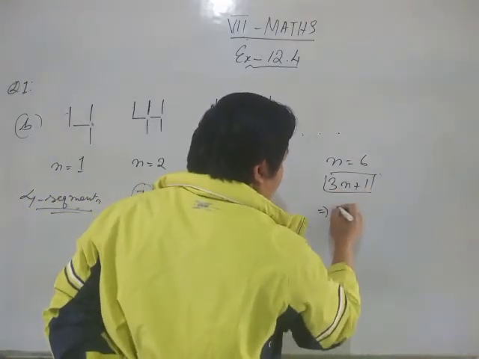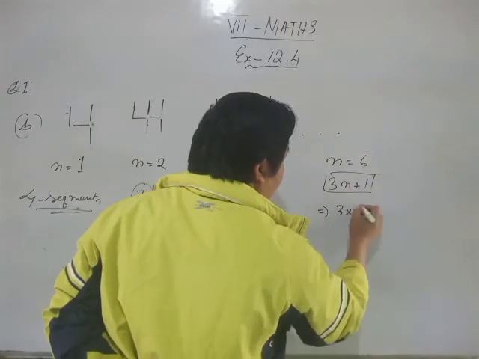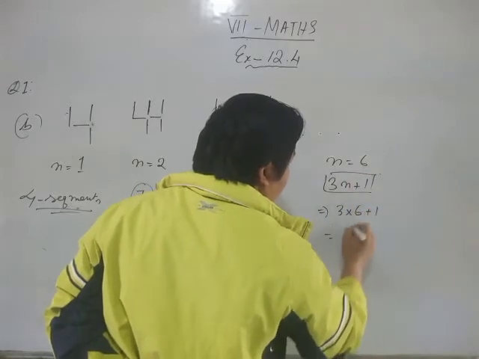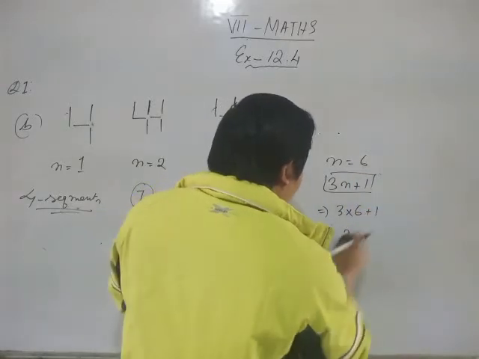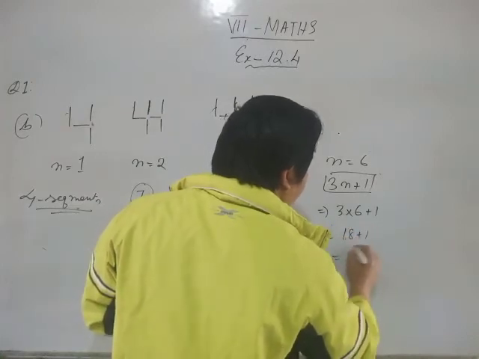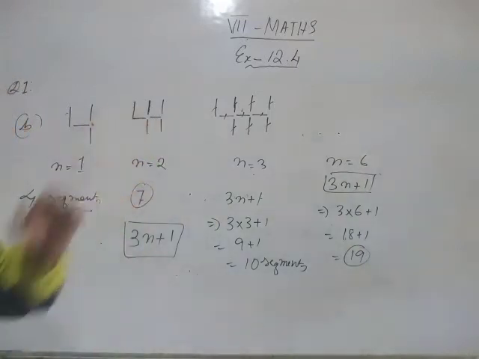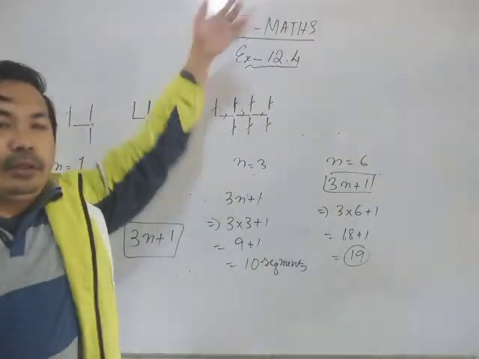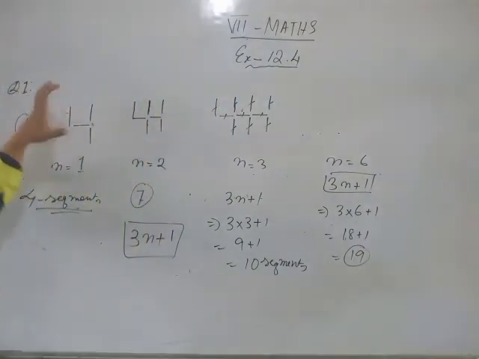Here n is equal to 6, so 3 into 6 plus 1. 3 times 6 is 18, 18 plus 1 is 19. 19 segments are required to continue this pattern. What is this pattern? This pattern is the number 4. Yes. Now let's go to the next one, C.